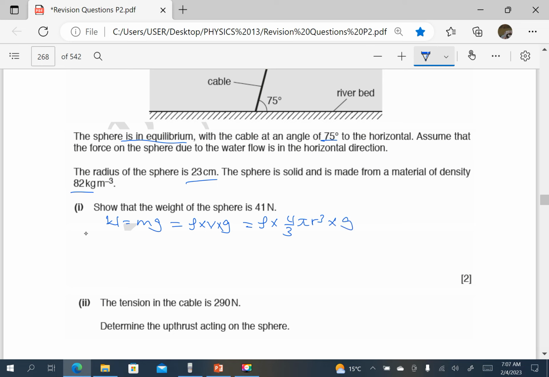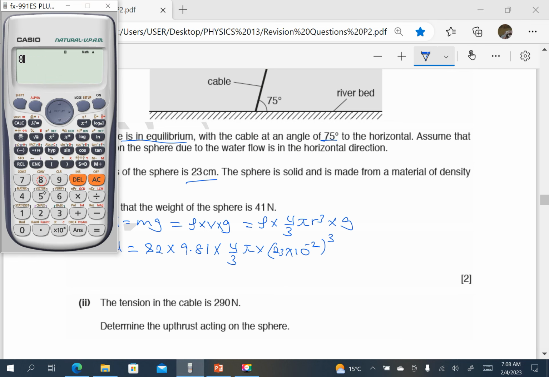So we can now substitute to find the weight. The weight is going to be equal to density, which is 82, times g, which is 9.81, then times 4 over 3 pi. The radius is 23 centimeters, so I'll set 23 times 10 to the power negative 2, and this is raised to power 3.